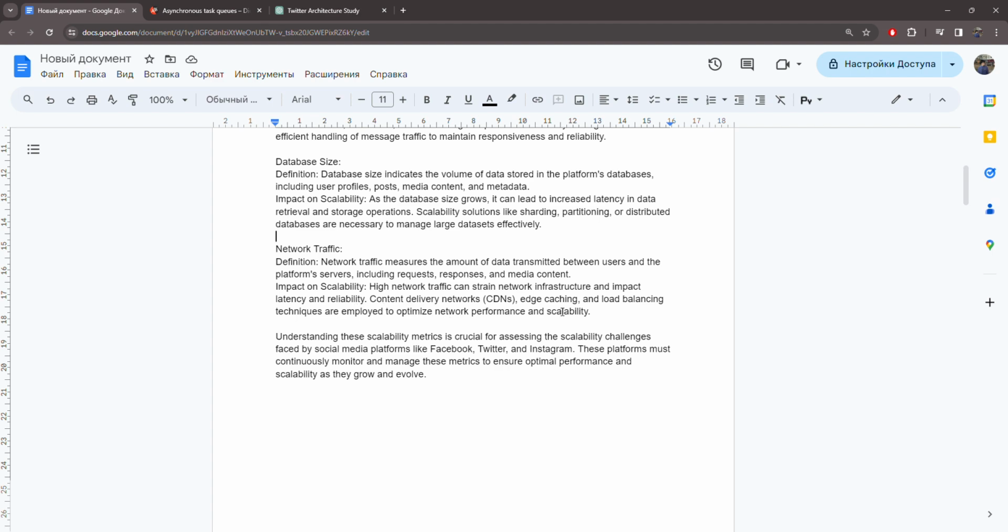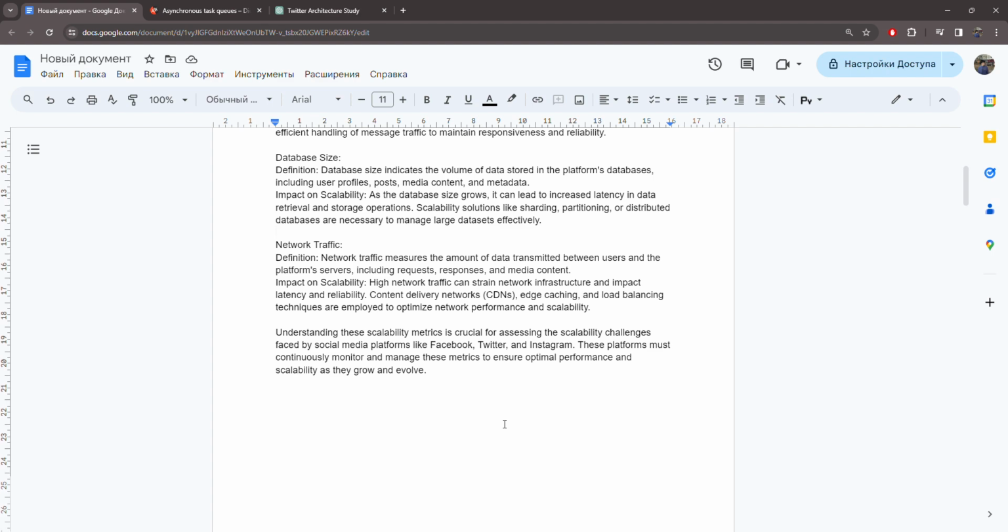Content delivery networks, caching, and load balancing techniques are employed to optimize network performance and scalability. Understanding the scalability metrics is crucial for assessing the scalability challenges faced by social media platforms like Facebook, Twitter, and Instagram. These platforms must continuously monitor and manage these metrics to ensure optimal performance and scalability as they grow and evolve.